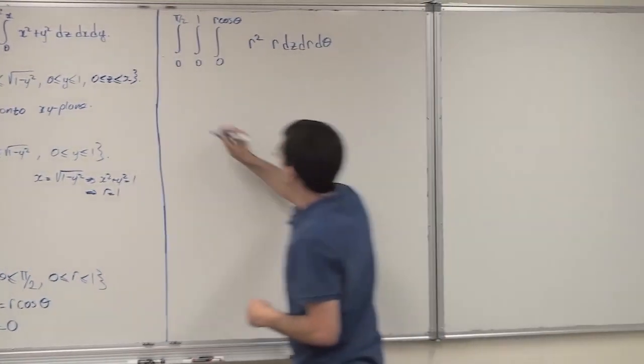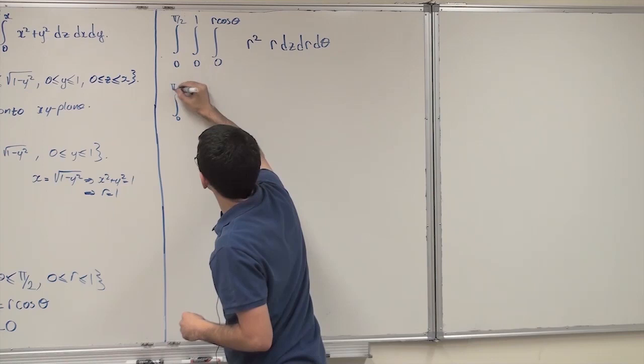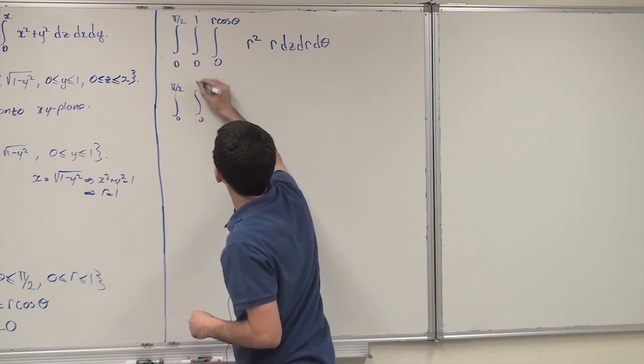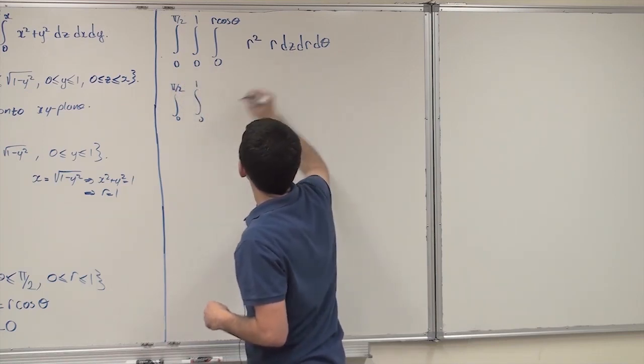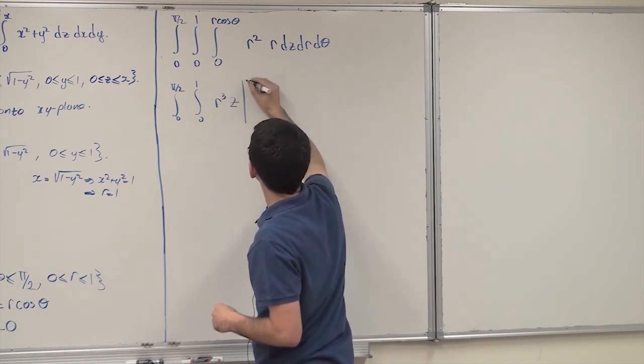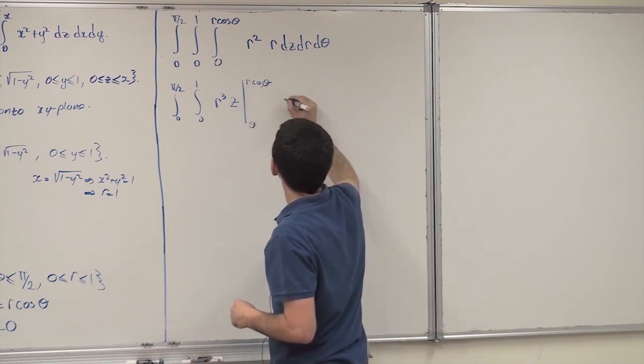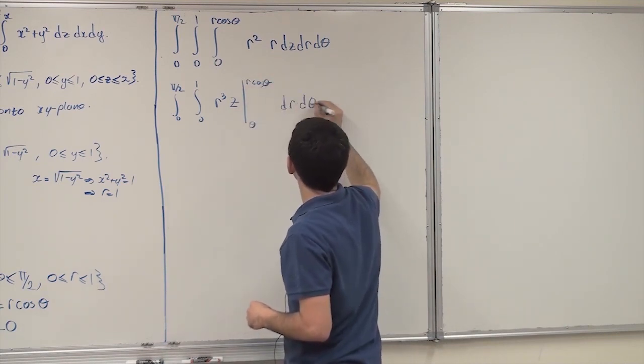So now we can start integrating. The first integral is with respect to z. So I will have r cubed z evaluated from 0 to r cosine theta. Then later we will integrate with respect to r and theta.